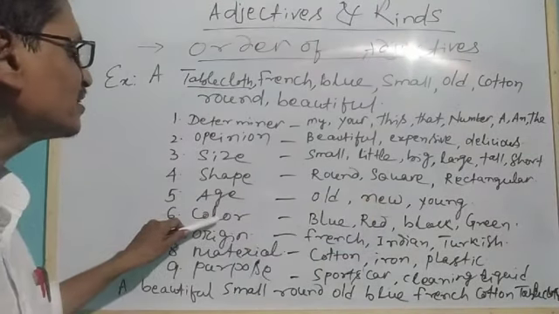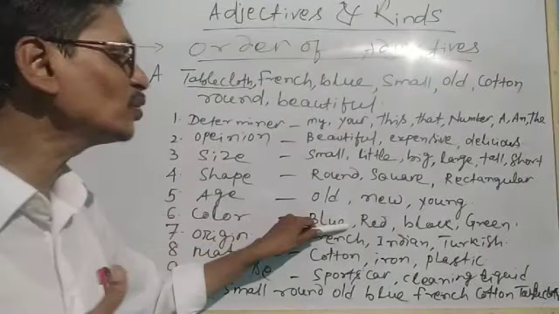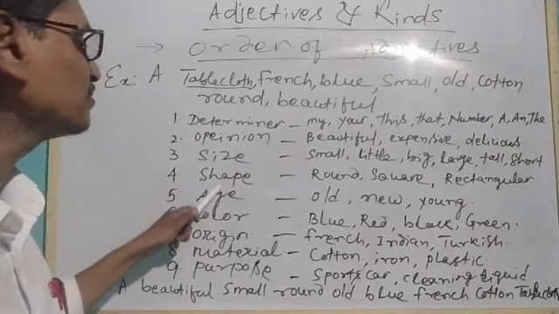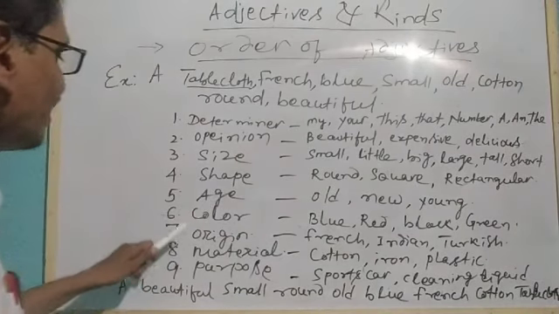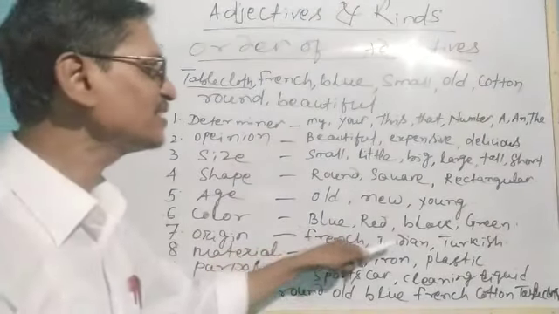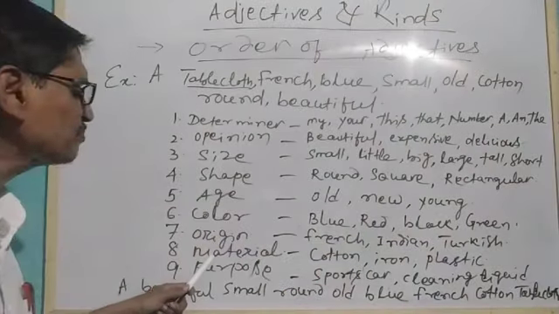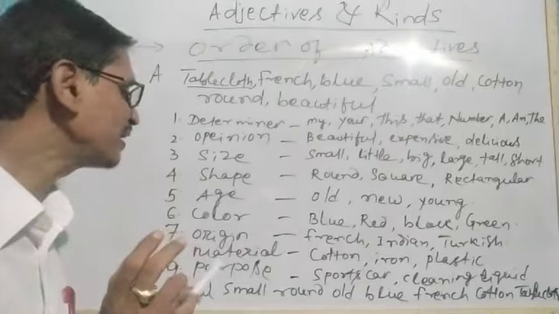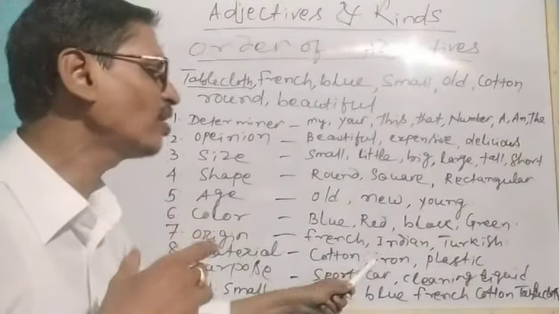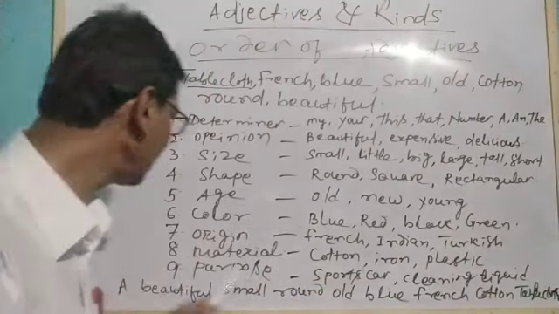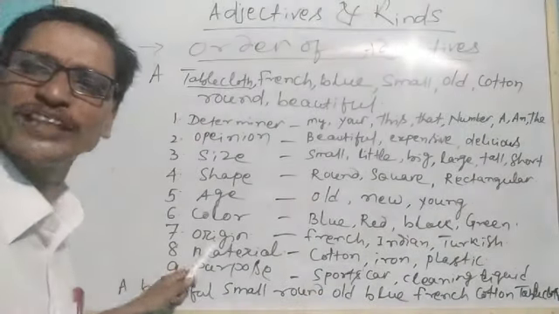Then comes color, and then origin: French, Indian, Turkish, American, Italian. Then comes the material: cotton, iron, plastic or something else. Material comes after origin.